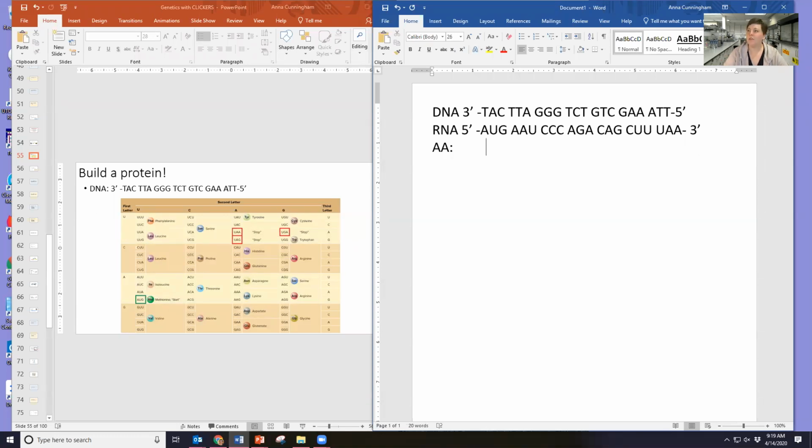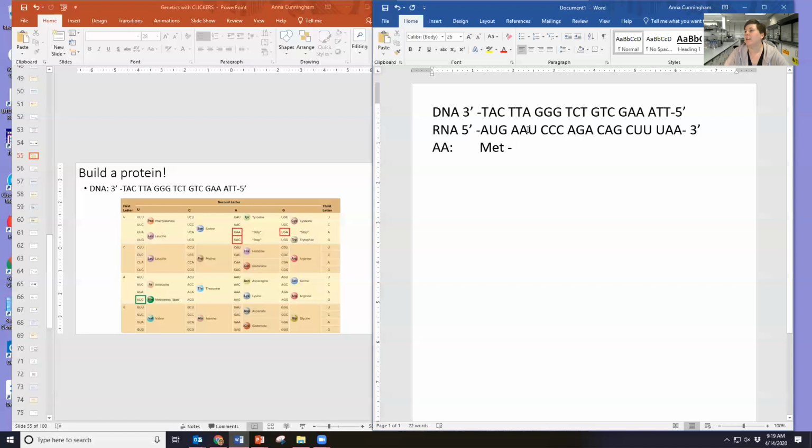Our first codon is AUG. We find that in our table, and that's our start codon. Great, so we know that this is Met. I'm going to get the spacing right here, but I probably won't.